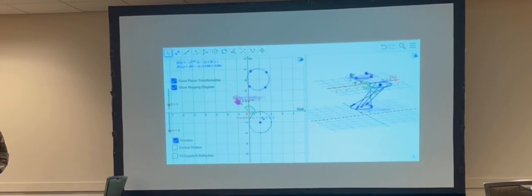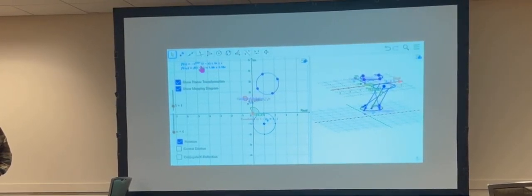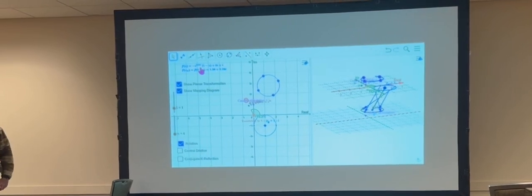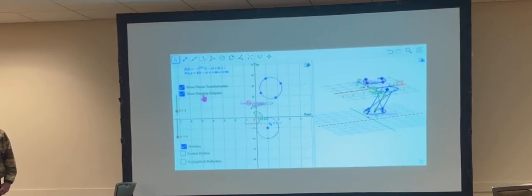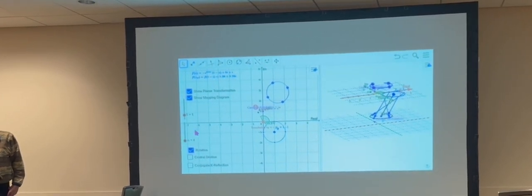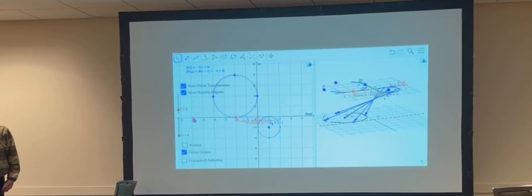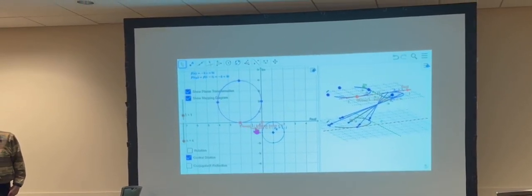So that's rotation, and that's by multiplication by just e to the certain number. Oh, yeah, okay. Here's central dilation, and this is dilation by a factor of -2.